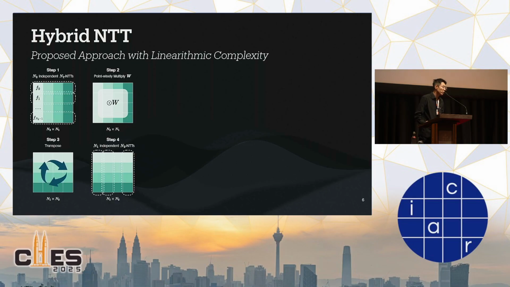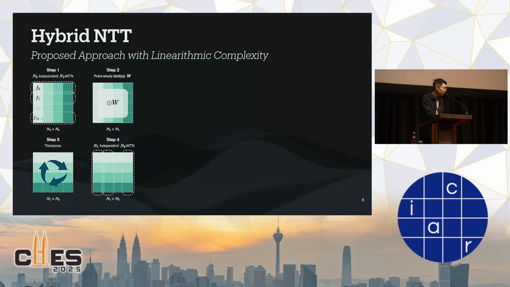If we reduce the dimension of n, we create four steps, and it seems to make the algorithm more complex, but actually it costs less than the original implementation because it's very friendly for hardware and also for GPU.